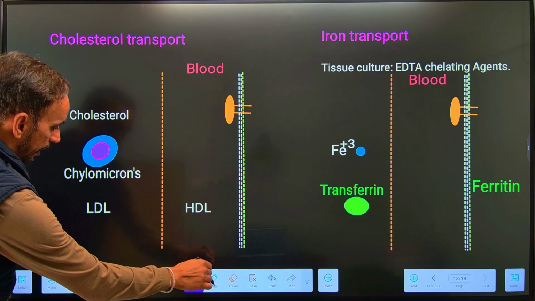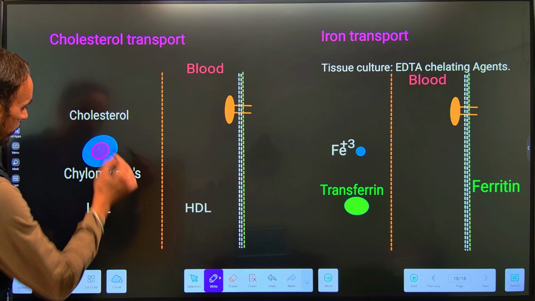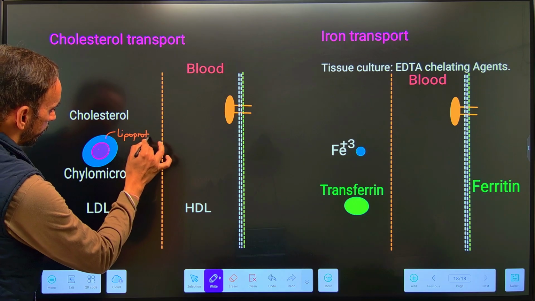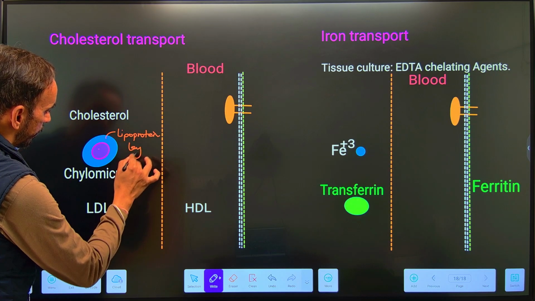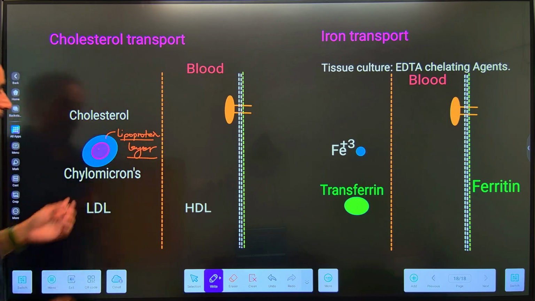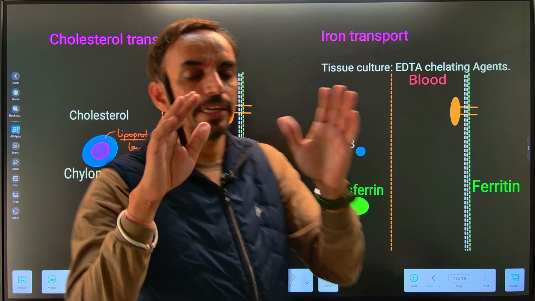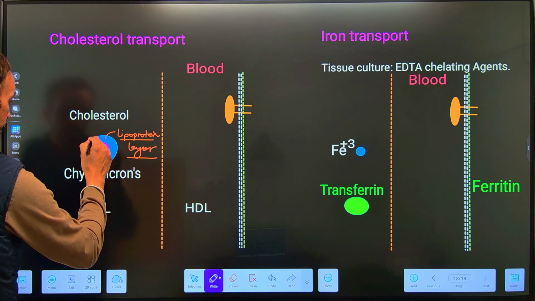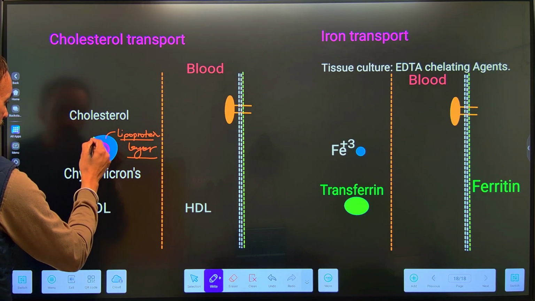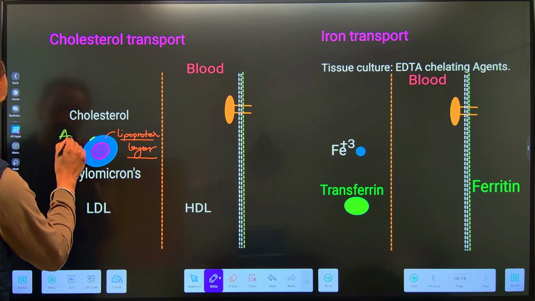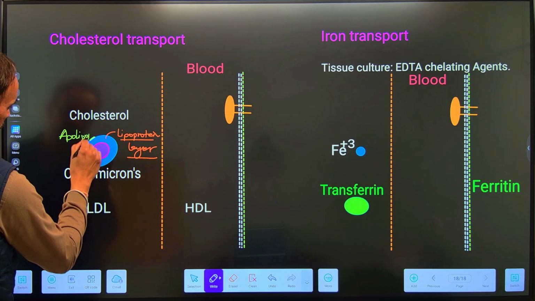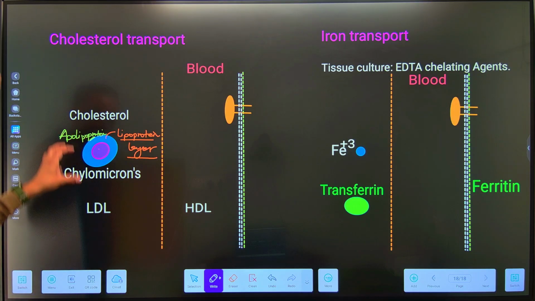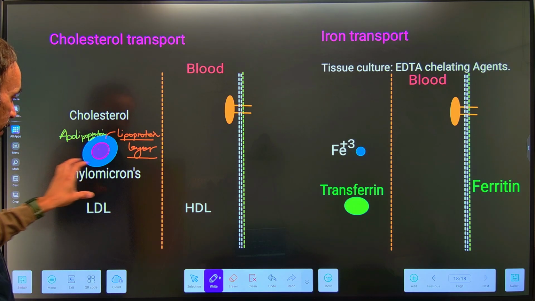What you have done is create a lipoprotein layer around the cholesterol. You have surrounded the cholesterol with a lipoproteinaceous layer and you have added some tags on them in the form of apolipoproteins. Now this structure is known as chylomicrons.